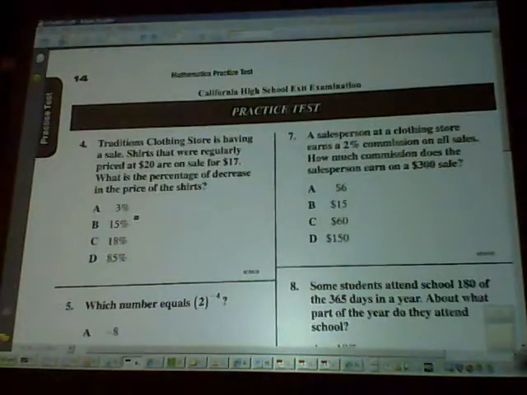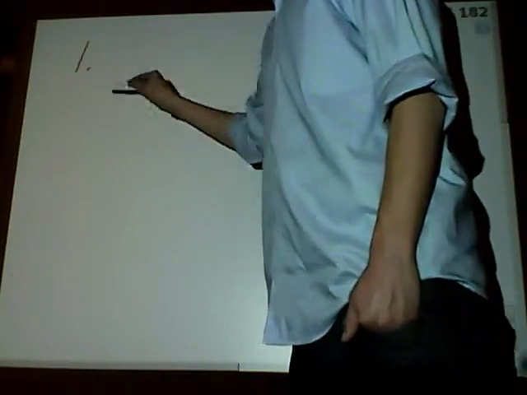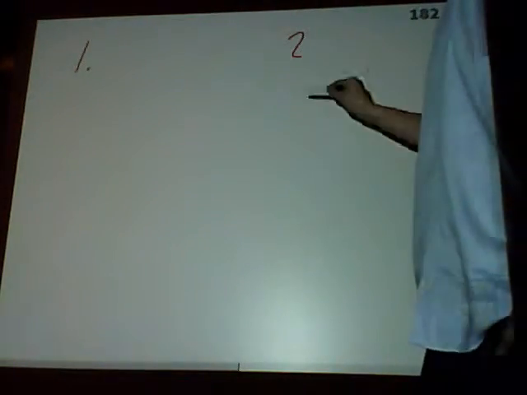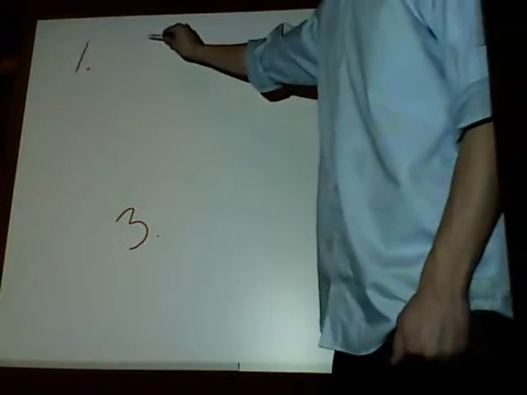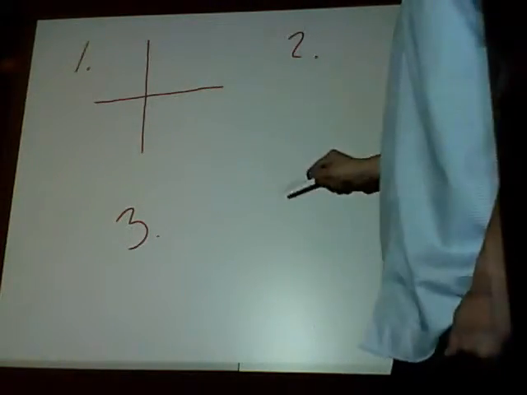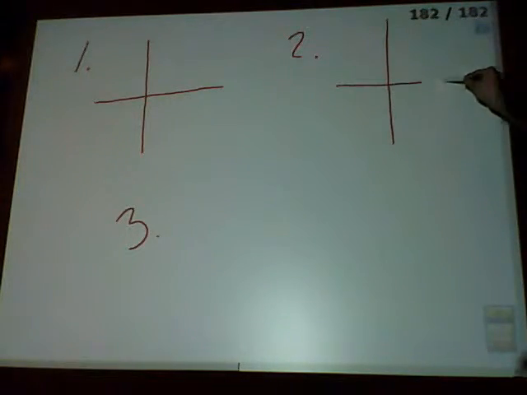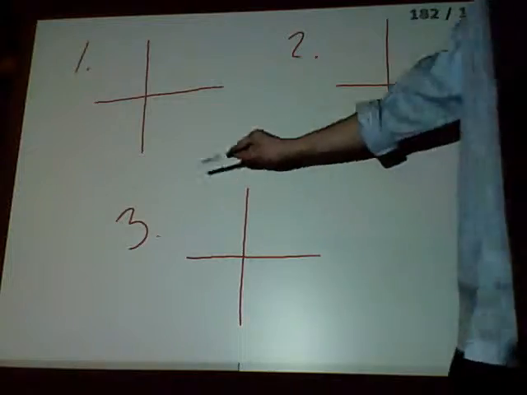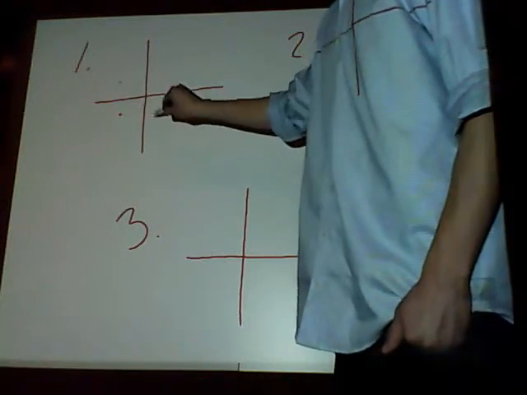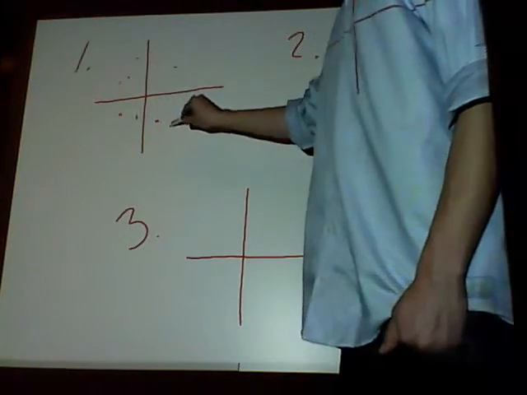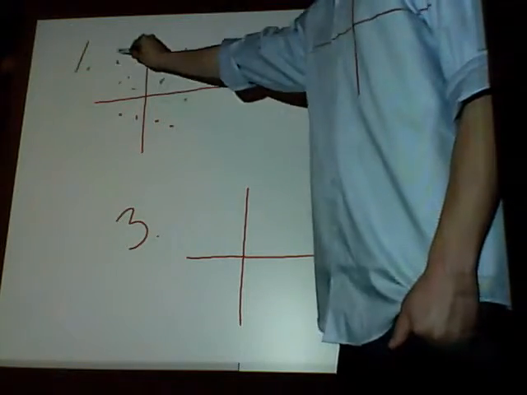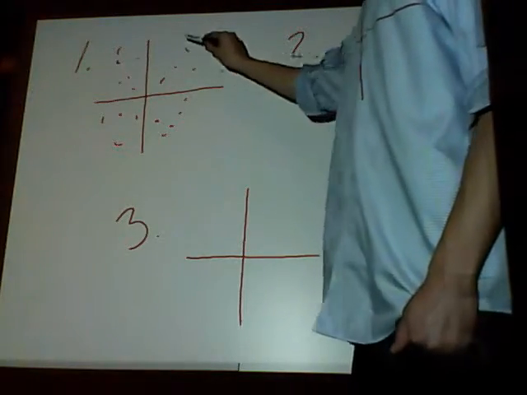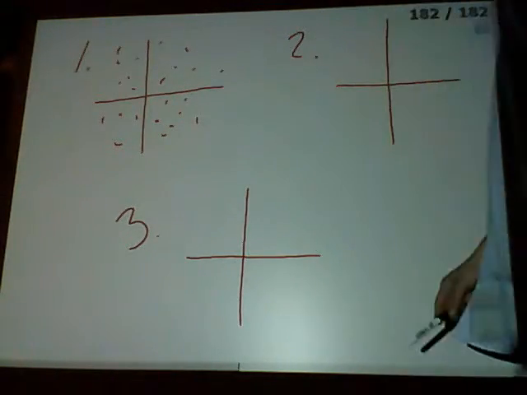All right, guys, so here we go. I'm just going to give you guys some examples. Sorry about that. So here, I'm going to give you guys 1, 2, and 3. I want you guys to tell me what kind of correlation they are, okay? So right now, what's going on there?